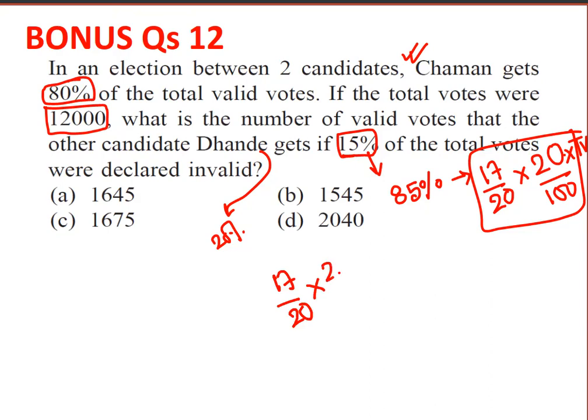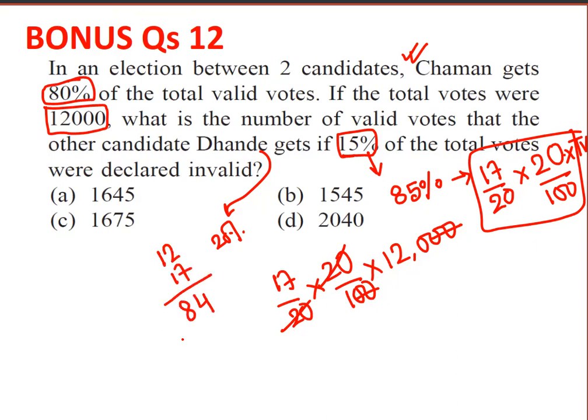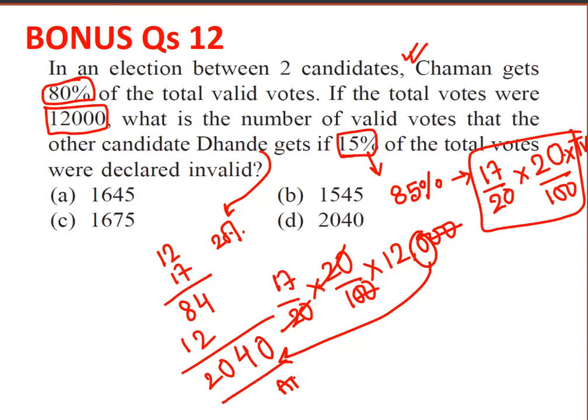So 20 and 20 will get cut away. This is the final calculation. I can do this in one step only. Two zeros will cut away. Then how much is 12 times 17? I do not remember this value, so I am finding out. So basically you are getting 204, and this zero is there. This is your final value in one single step.